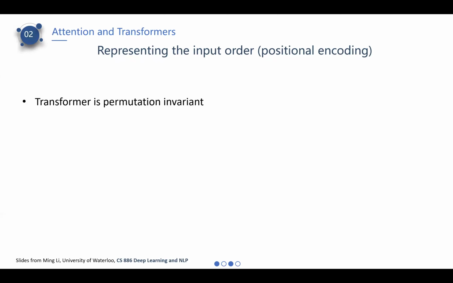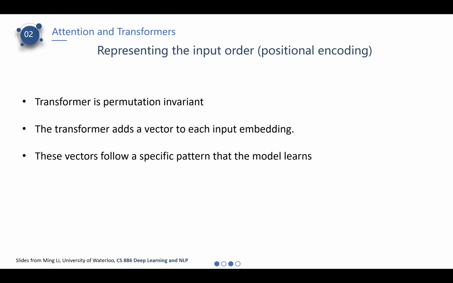So it's called permutation invariant, which means if you take a sequence 1, 2, 3 and you permute it to 3, 2, 1, the output of the transformer will be the same because it does not depend on the order. So due to that, we want to introduce the position encoding to capture that kind of order.